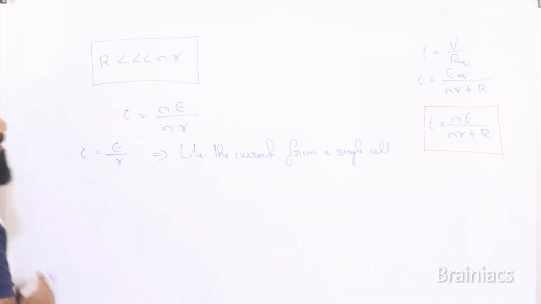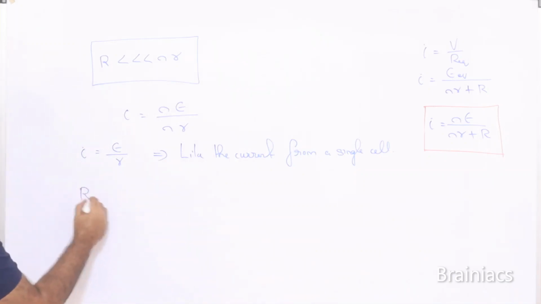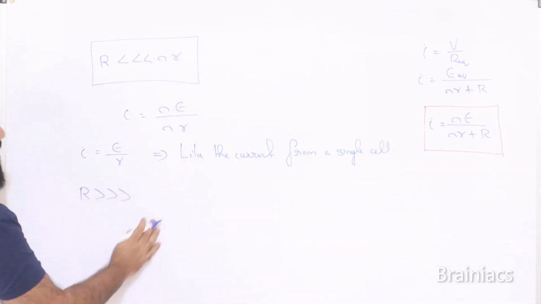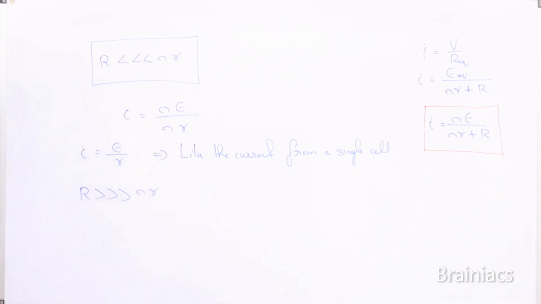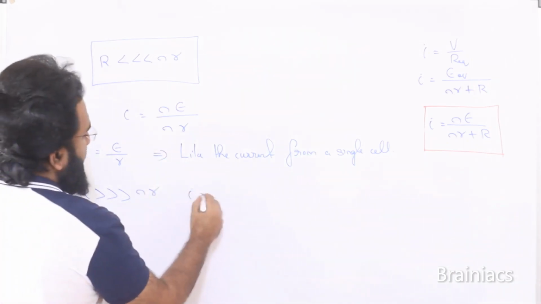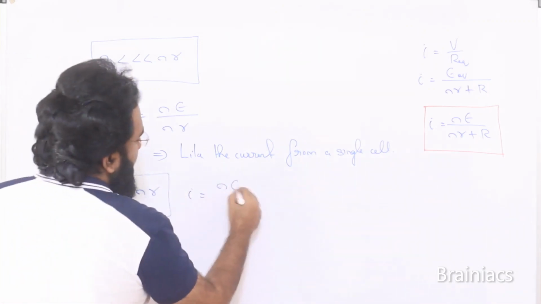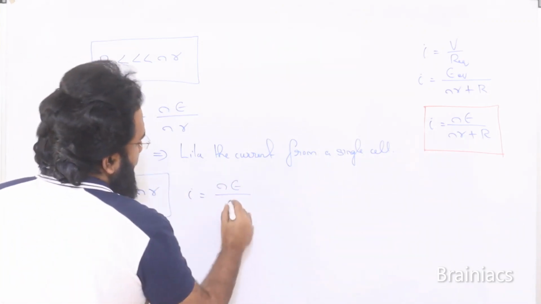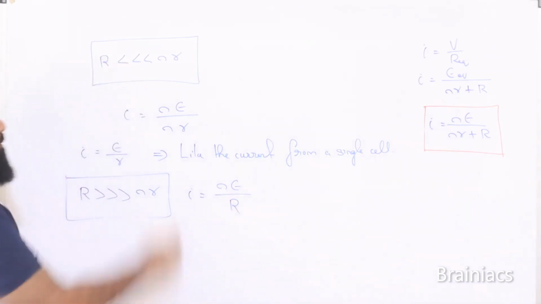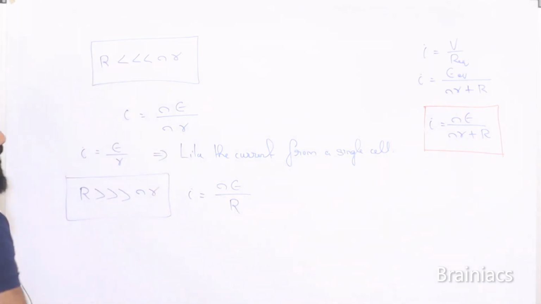Okay, now suppose R is very much greater than NR, then what will happen? If this is the condition, I is equal to NE by R. We can neglect this one, this is very small.